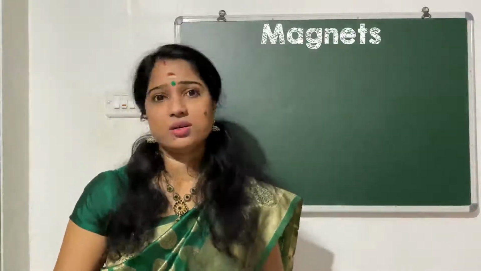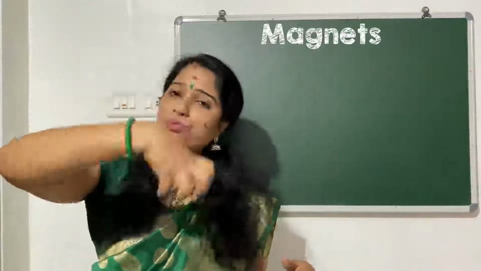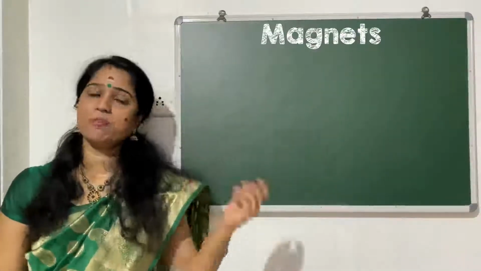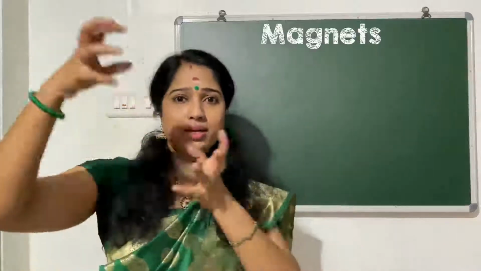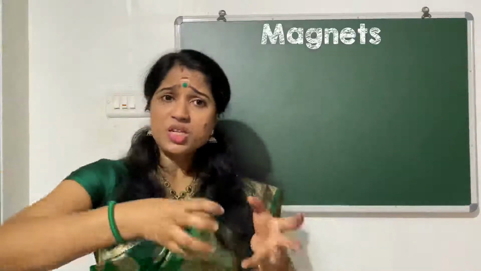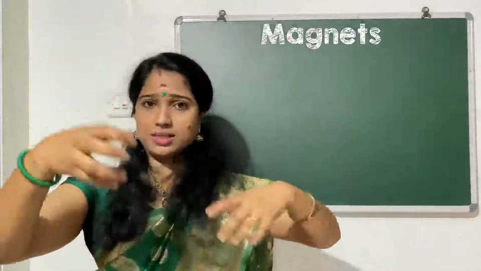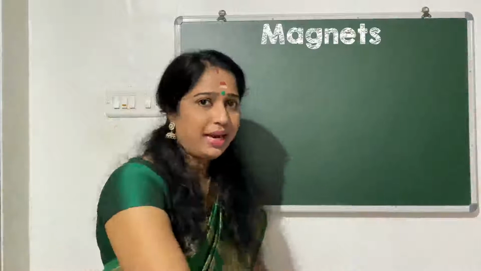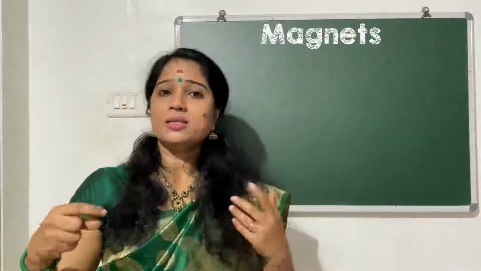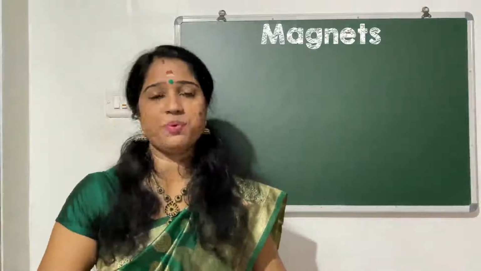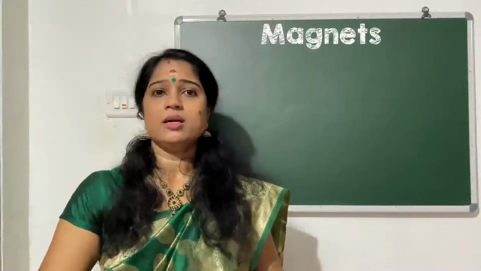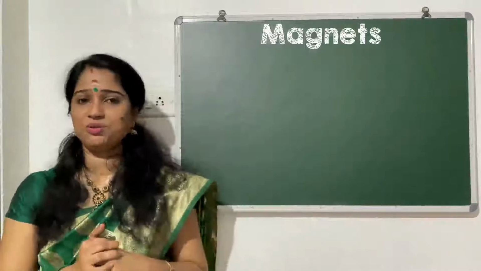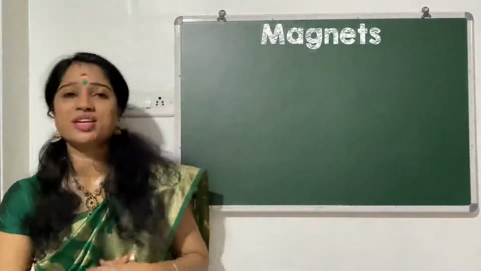In such a situation, we can use these big magnets to separate the iron objects from the waste material, or carry iron objects from one place to another, to keep in the lorry or somewhere. Instead of holding it in the hand, the workers are there definitely. So to reduce the workload, we can use the magnet, so they can lift these objects and separate them. Clear? Okay.